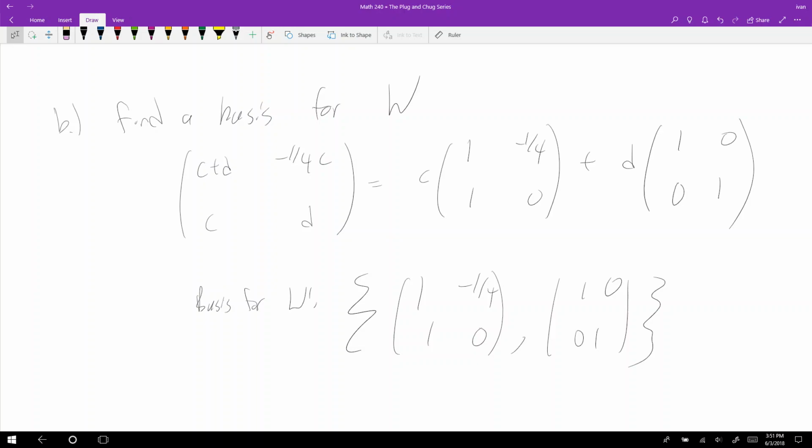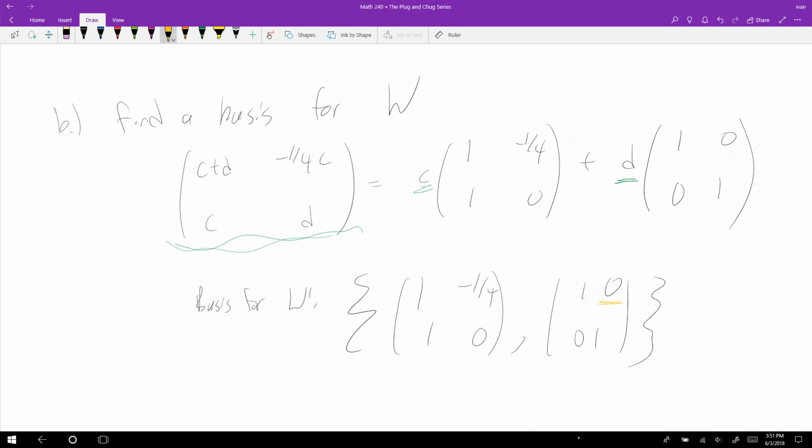Why is this the basis for W? Well, it obviously spans because that's how we created this matrix. It spans because C and D can be any scalars, and when you choose the scalars, they look like this matrix here. And why are they linearly independent? Because they're not multiples of one another. When you have two elements, as long as they're not scalar multiples of each other, they're linearly independent.